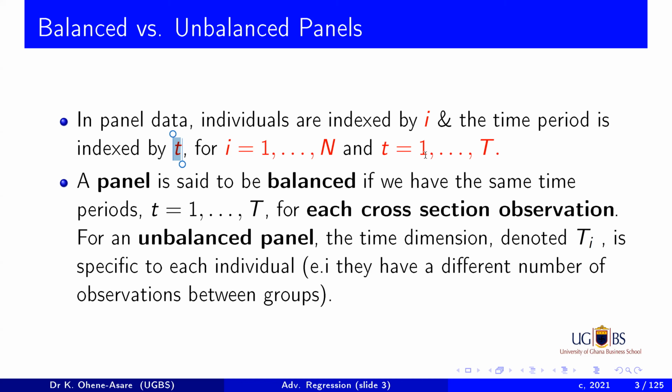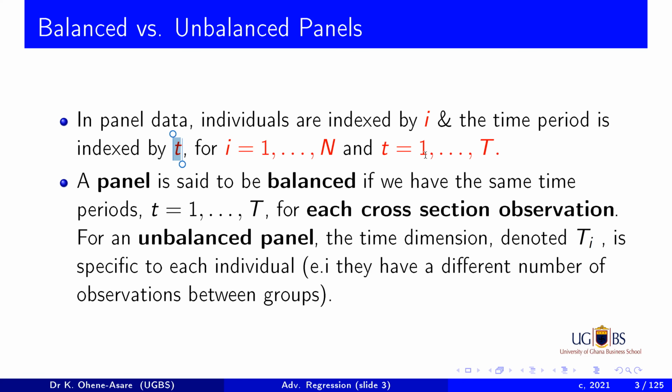When we say a panel is balanced, it means that each cross-sectional observation appears in each time period. So if you have 10 banks, for example, and 20 years, for every year, the 10 banks all appear, up to the 20 years.